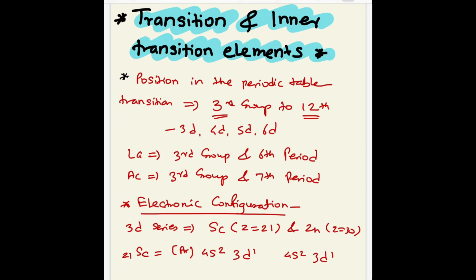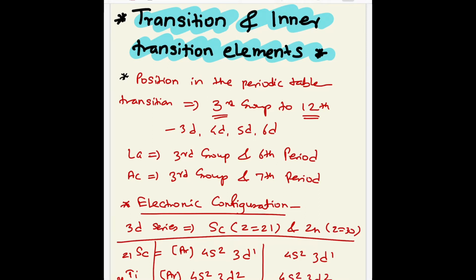One electron is present in the d orbital. The next element in the 3d series is titanium. The nearest noble gas is argon, so 4s2 3d2, and expected and observed are the same, 4s2 3d2.